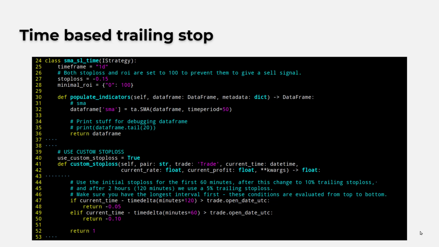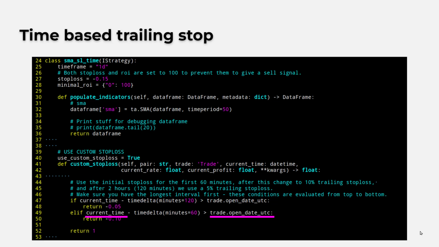The initial setting of this custom stop loss is 100%, which is defined by the return 1 statement here. So actually this return 1 states that the original strategy stop loss of -15% should be respected, and after the first time delta has passed, then the stop loss level should change. Then there is a calculation between the current time of the Freqtrade process cycle and the time the trade was opened.